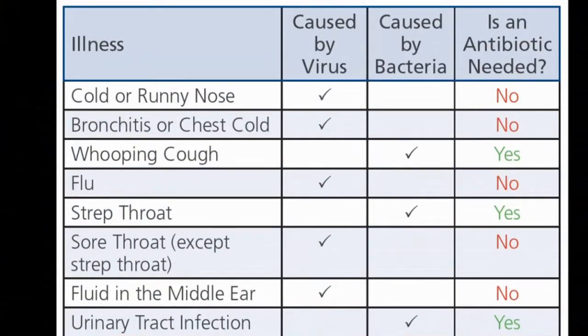Look at it so you remind yourself what the symptoms are for which, and how you can help yourself and your family. So you're ill, you have a cold or runny nose. It's most likely caused by a virus infection. No antibiotics needed. You have chest cold or bronchitis caused by a virus. No antibiotics.